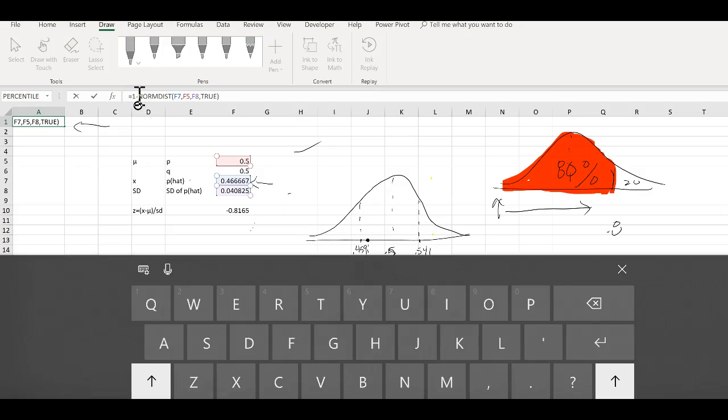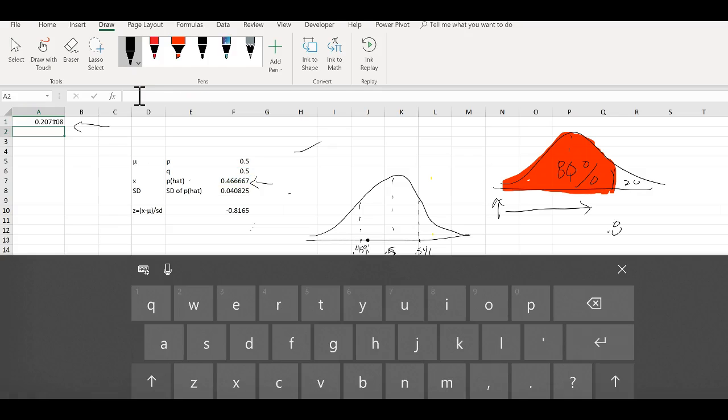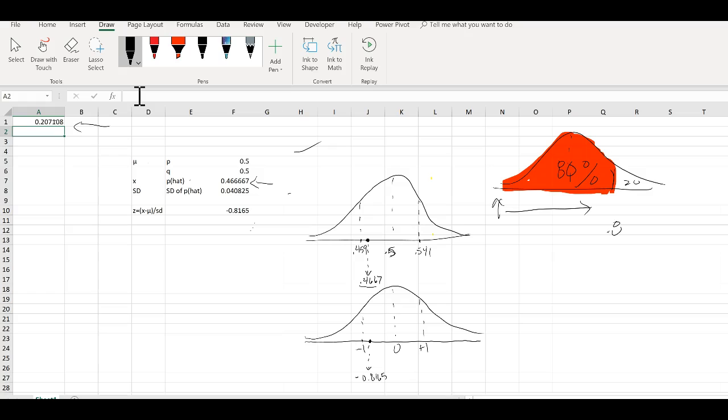And so if I go into your formula and I backspace and take out that and I hit enter, you can see what that's telling you is it's giving you an area that's roughly over here, right? This is the area which is going to be about 21%, that area.